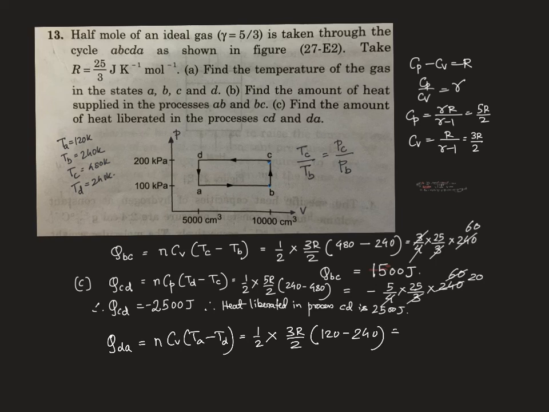So you get minus 750 joule. So the heat lost in the process D to A is 750 joule.